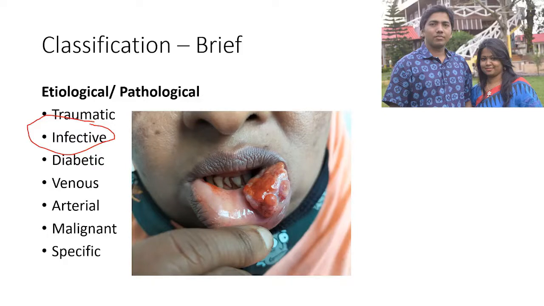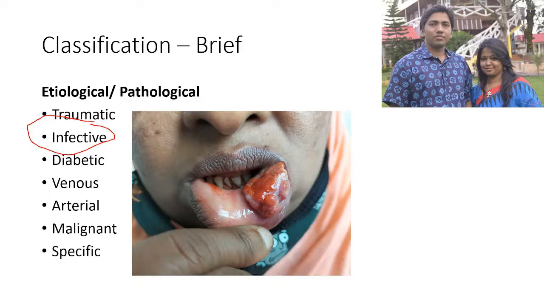And some ulcers can be specific, and a specific ulcer follows a specific infection. That specific infection usually follows two principles. First, a specific ulcer will be caused by a specific microorganism, like tuberculosis. Tuberculosis can occur anywhere from hair to toe, but wherever it occurs, it is caused by a single organism, that is Mycobacterium tuberculosis.